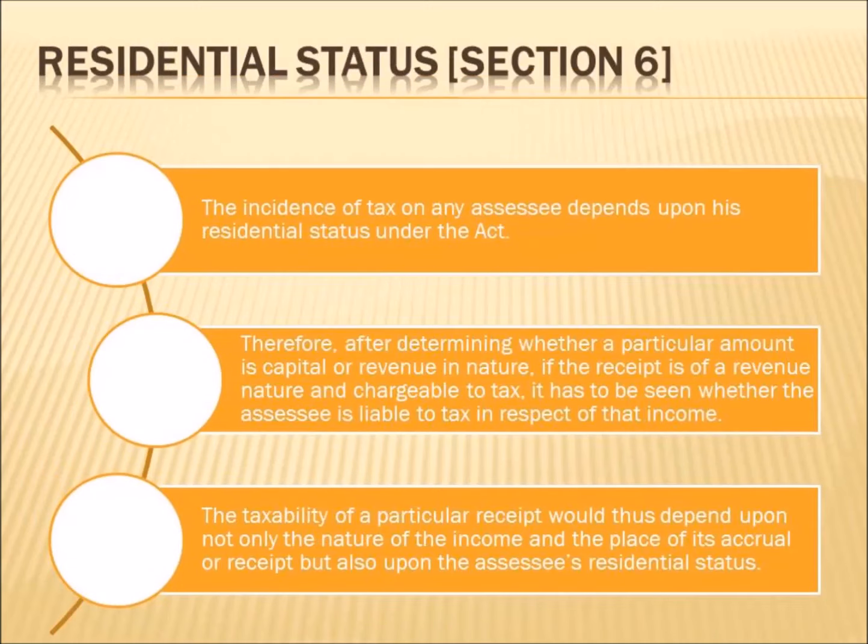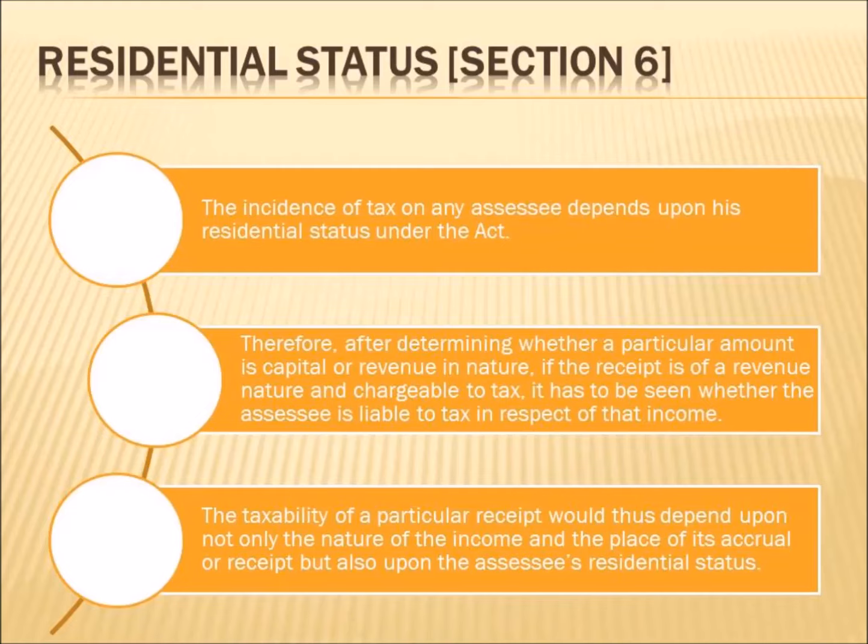The definition of residential status is given under Section 6 of the IT Act 1961. It says that the incidence of tax on any assessee depends upon his residential status under the Act. So until and unless we determine the residential status of the assessee, we cannot calculate the amount of tax payable by him.